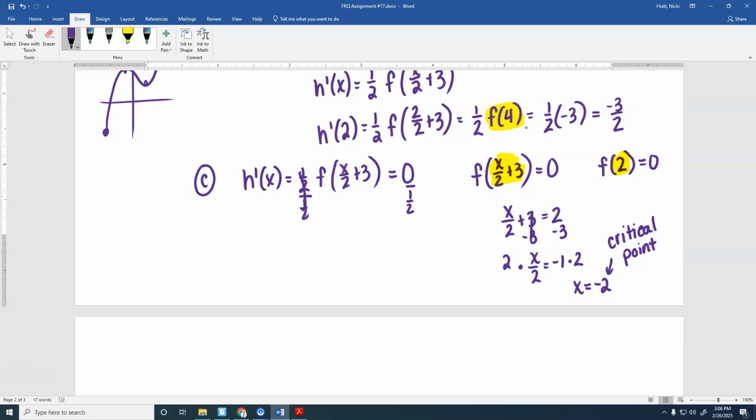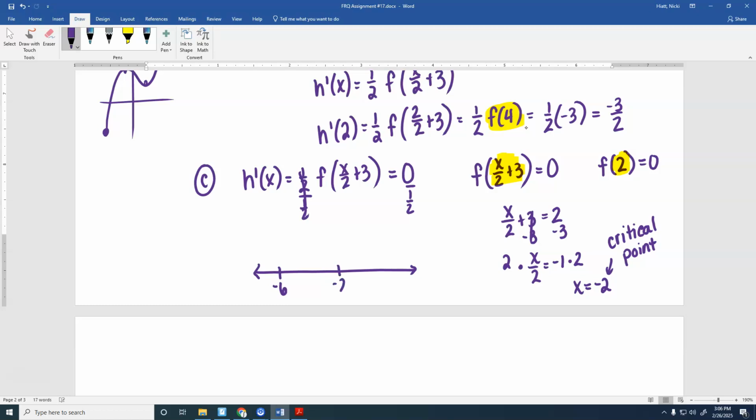So let's think about it. I'm going to run out of time is what's going to happen. Let's make a sign line, but then we're going to stop because we're going to be out of time. On the sign line, I would start at negative 6 because that was our lowest domain point.